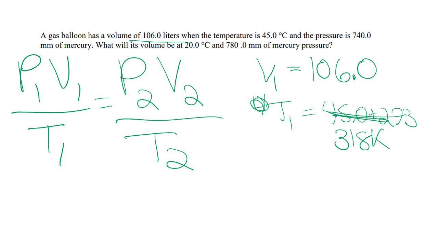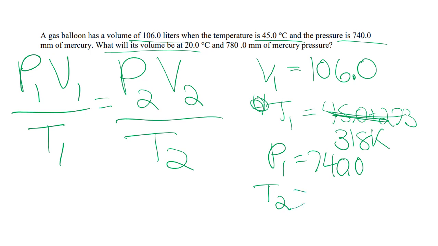I'm just reading through this. Okay. The pressure is 740 mmHg. P1 740.0. What will the volume be at 20 degrees Celsius? So now we got a T2.